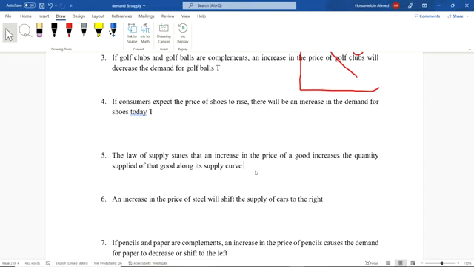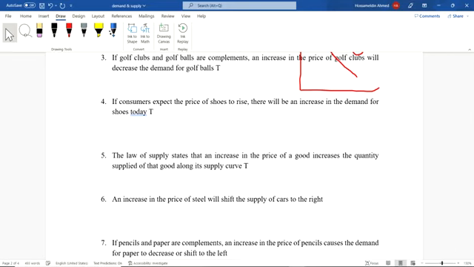Suppose you are a producer in a market and you find that the price of your product is going higher. As prices increase, you will have a motivation to increase the supply of your own good. Whenever the price increases, you find yourself more motivated because you sell more, which eventually will lead to an increase in your profits. So 5 is true.